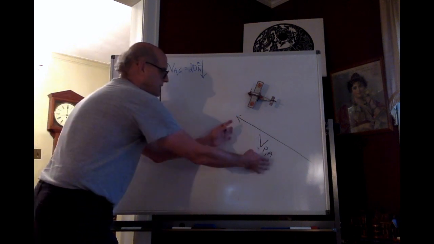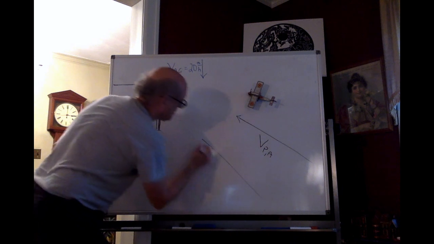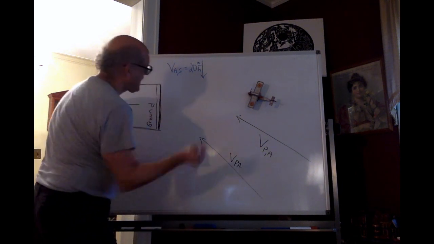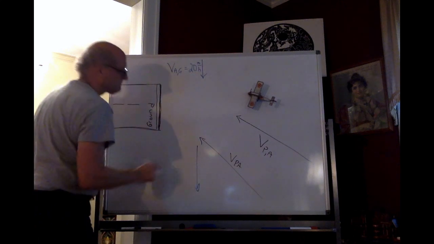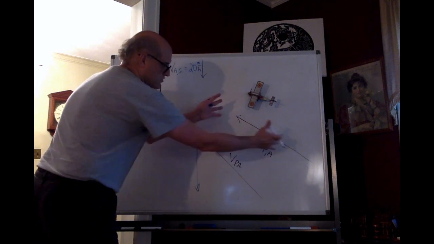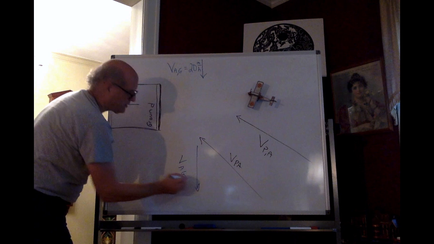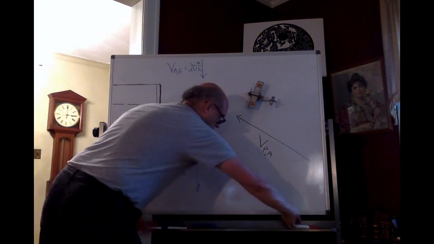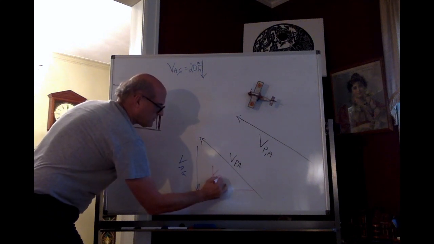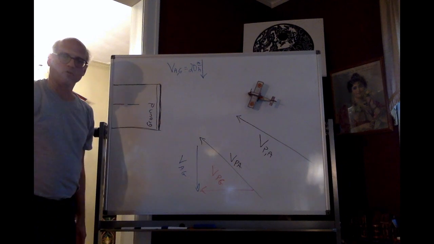So that when you combine this with this, as I'm going to show here, so this is your VPA, add that to this. Okay, I made it a little bit longer, just because I didn't draw this to proportion correctly. So this is your VAG. You get a resulting velocity relative to the ground for the plane, which will take it to the runway.